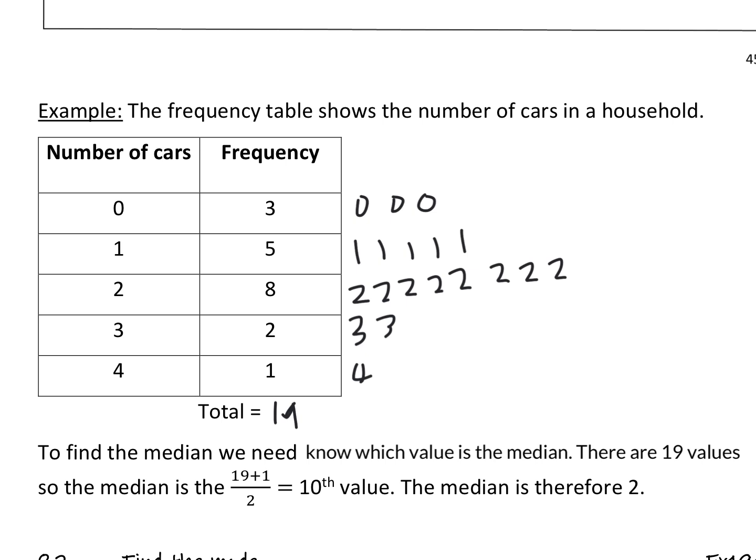So if you're counting to the middle, to the 10th value, you would count these first 3. So the first 3 values are in that group. And then the next group would have the 4th value, wouldn't it? And you would say, well, there's the 4th, the 5th, the 6th, the 7th, the 8th.